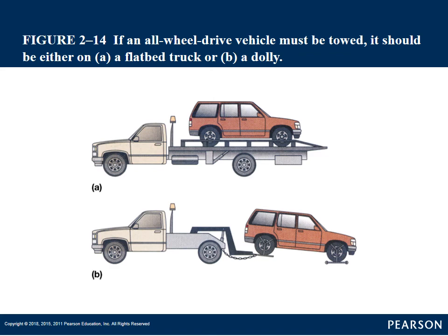A lot of tow trucks, especially on bigger trucks, will go ahead and remove the drive shaft. Front-wheel drive vehicles, all they need to do is lift up the front of the vehicle. You get the understanding: if those drive wheels are turning and it's still connected to the transmission, we want to make sure that we don't tow that very far or we can damage the transmission.